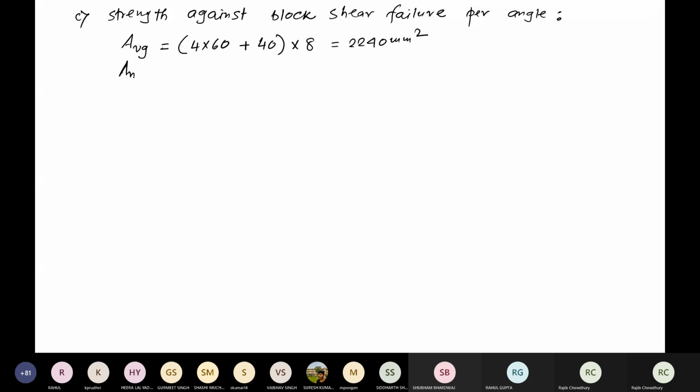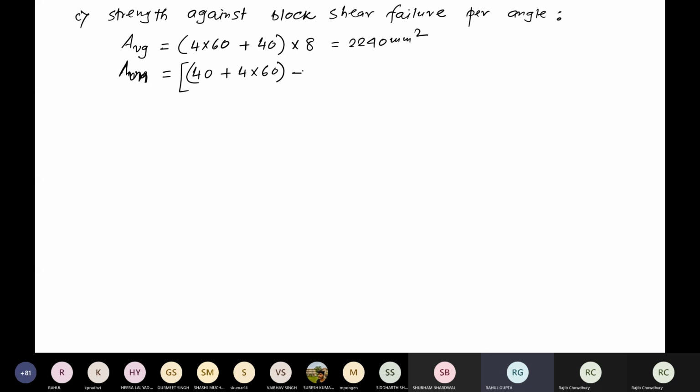And the net, sorry, this would be Avg, this would be Avn. And the net, how much it would be? Net, again, it would be the same, 40. So for net, we would remove the bolts.